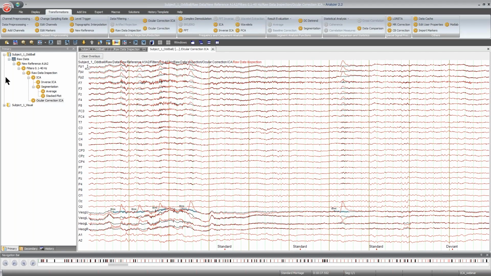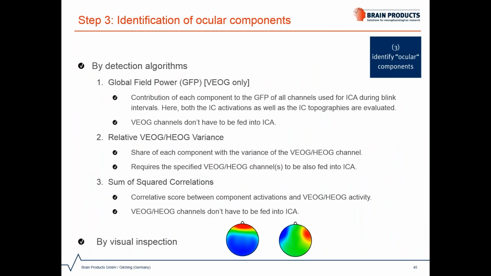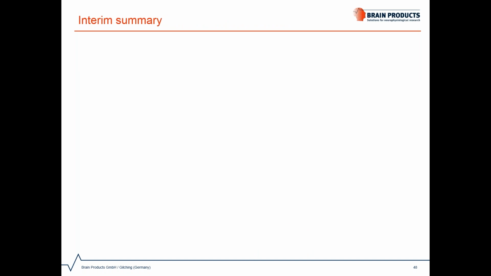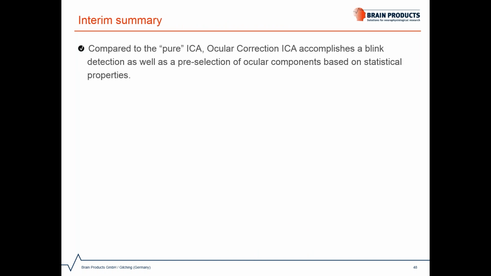Okay, that's it now for the practical part. So let's now summarize quickly. We have, besides the classical ICA, an additional Ocular Correction ICA, an Analyzer add-on that has some powerful features if you want to use ICA for EOG artifact cleaning. There will be a pre-selection of EOG components based on detection algorithms.